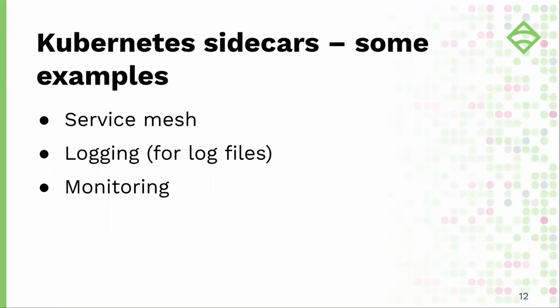So then what are some examples of things that happen in sidecars? This is certainly not the exhaustive or canonical reference for things that you can do with sidecars. But some of the more popular or obvious ones that we've seen are, if you've heard about the service mesh, very often the service mesh is implemented as a sidecar.